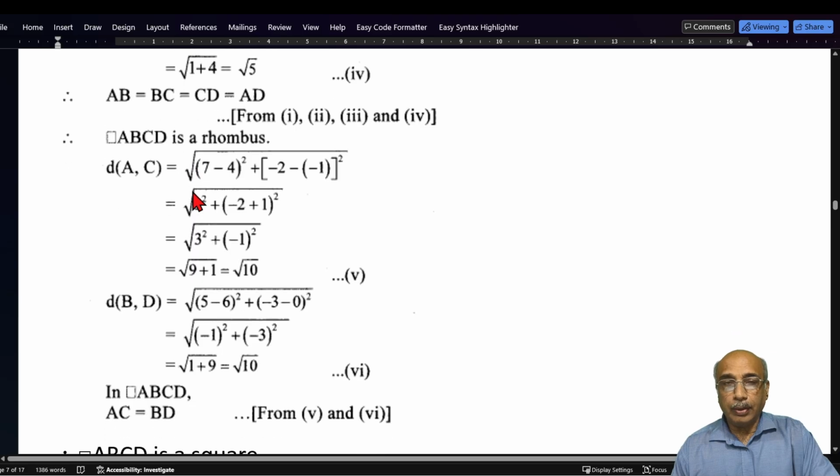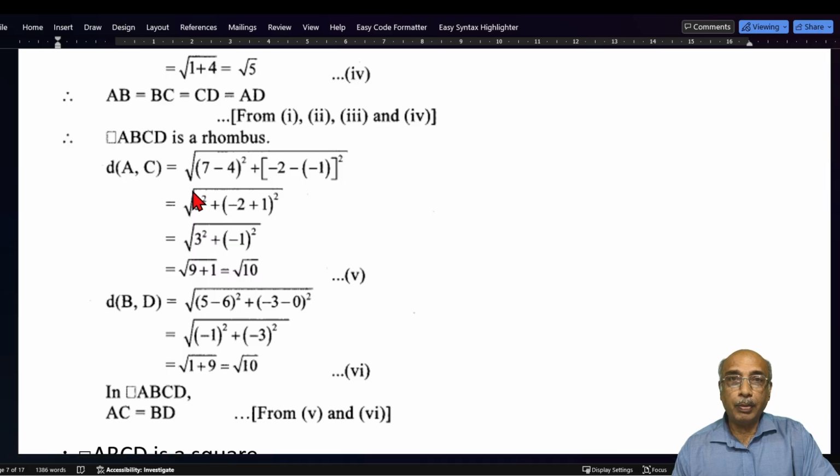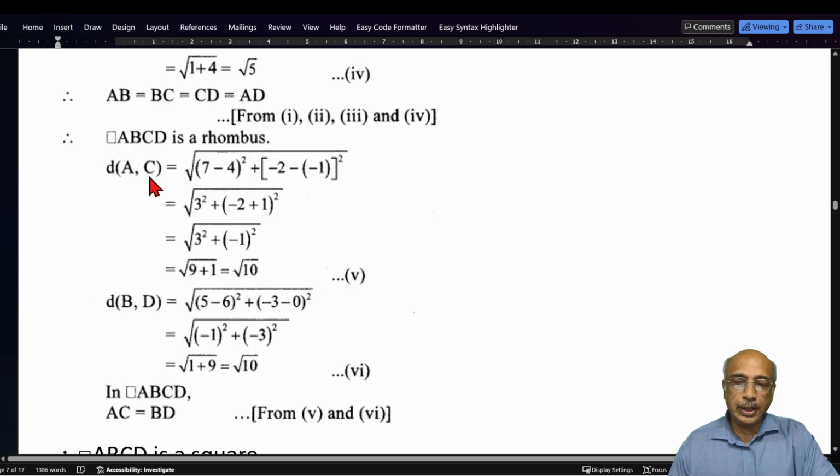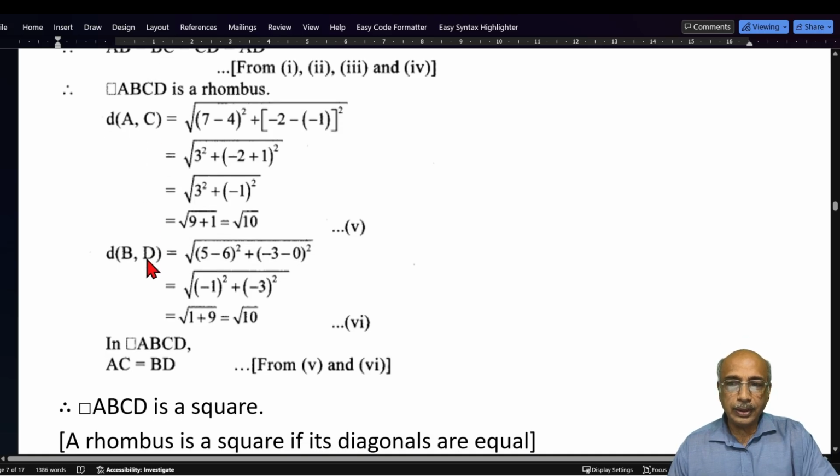Now, we have to show that it is a square. You know the properties of a rhombus: all sides are equal, but diagonals are not necessarily congruent. If they are congruent, then it becomes a square. So we'll find the diagonals here. Distances AC and BD are the diagonals.